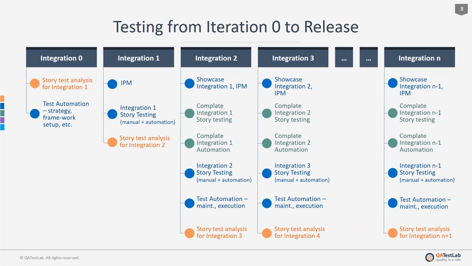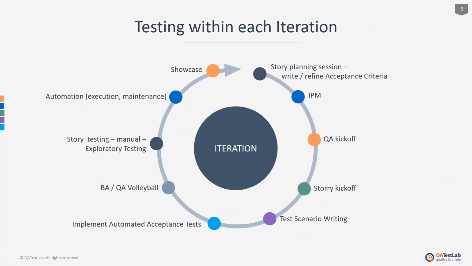Now let's proceed to testing within each iteration. Testing within each iteration. The QA has various responsibilities in the iteration as depicted in the picture below. So these activities typically occur in the sequence shown in the image.